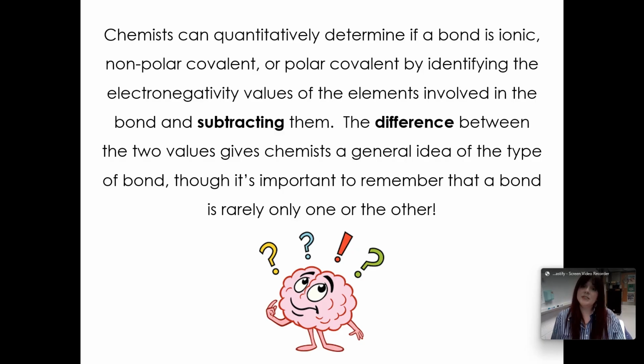That number is going to give us a general idea about the type of bond that exists between both of those atoms. It does say, however, it gives us a general idea, because it's important to remember that a bond is not just one or just another. They could have properties of both.